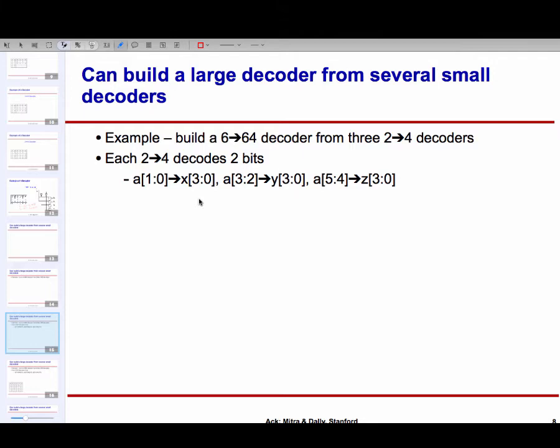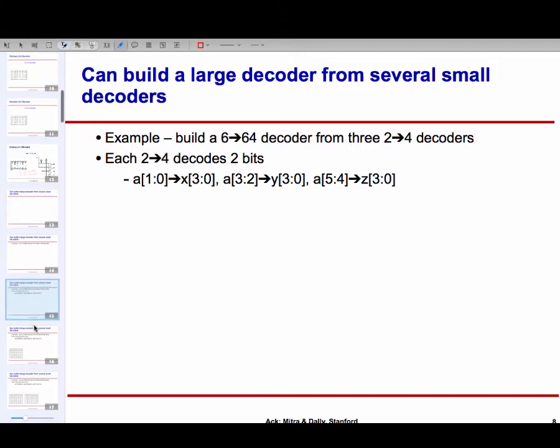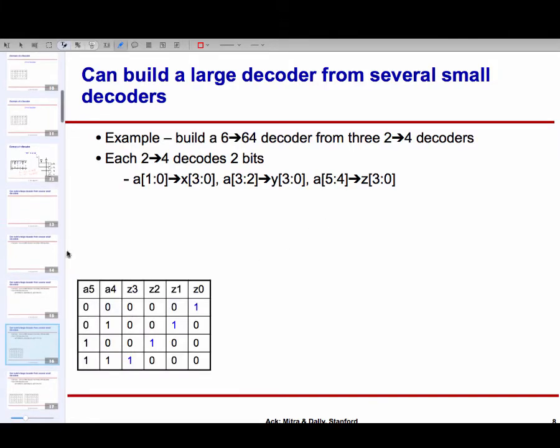I can take the next 2 bits of A, A3 colon 2, and let's call it, they decode to Y3 colon 0. And I take the uppermost 2 bits of A5 colon 4, and call it Z3 colon 0. Okay, so just 3 2 to 4 decoders. I take pairs of neighboring bits and decode them. So I could do this, right?